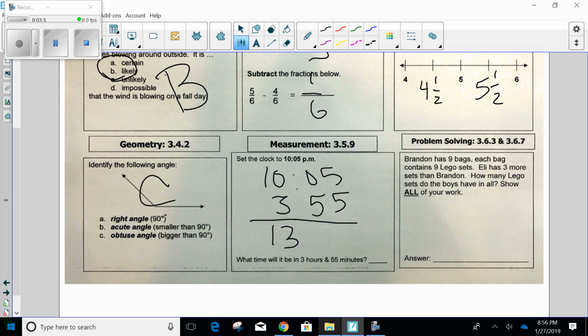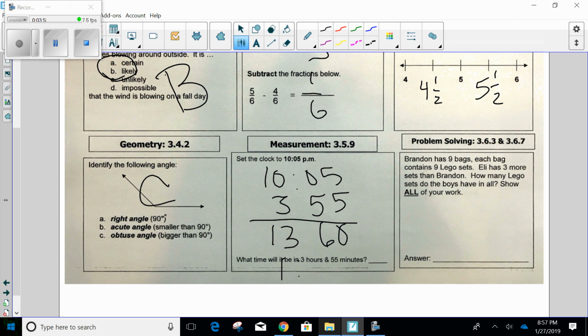Well, there's no 13 o'clock. What happens after you pass the 12? 13 is 1 more than 12, so it would be 1. Okay? And then you have 5 minutes plus 55. Well, 5 plus 55 is 60.